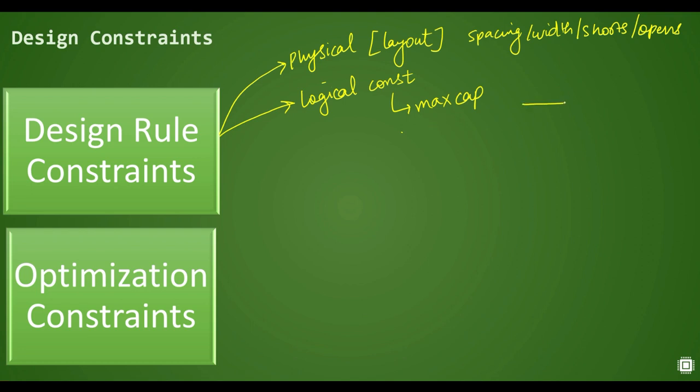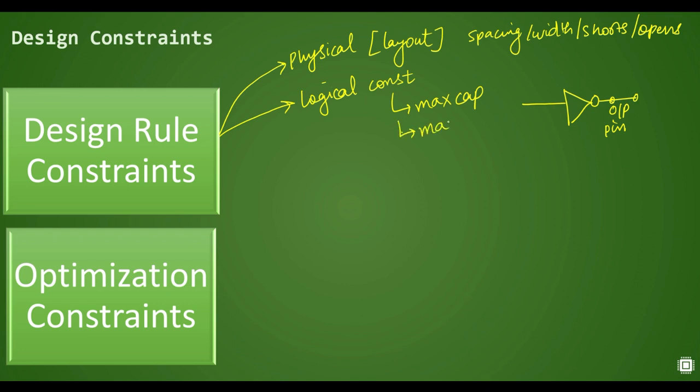Let us take an example: if you have an inverter, how much capacitance can the output pin have? This is, let's say, the output pin. How much capacitance this output pin can have is specified as the maximum capacitance, or maximum driving capability of the load of this pin, and is specified as max cap. So that is a logical constraint.